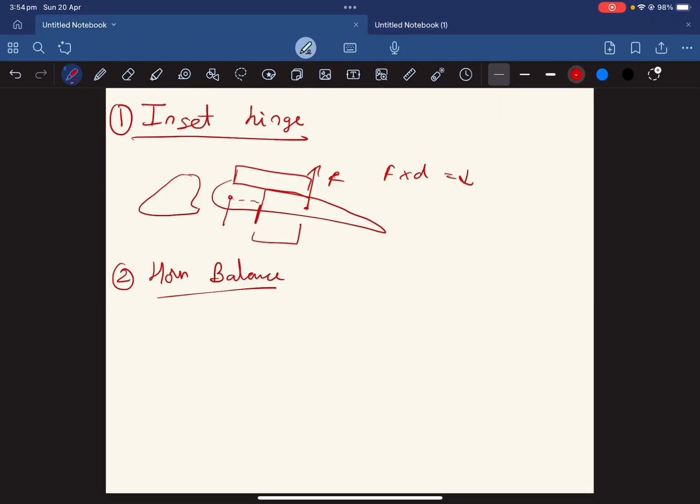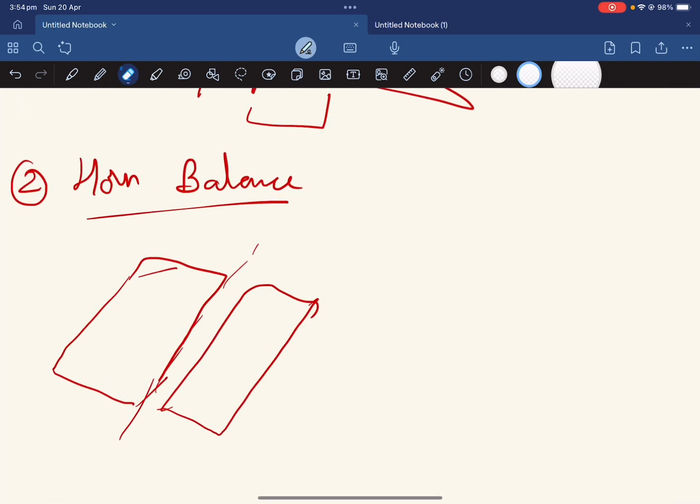In the case of horn balance, let's say this is a control surface, and this was my hinge line, and this is the part of the control surface. What if there's a part of the control surface that's going forward of the hinge line?